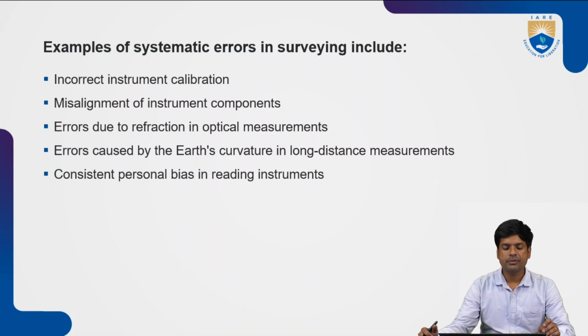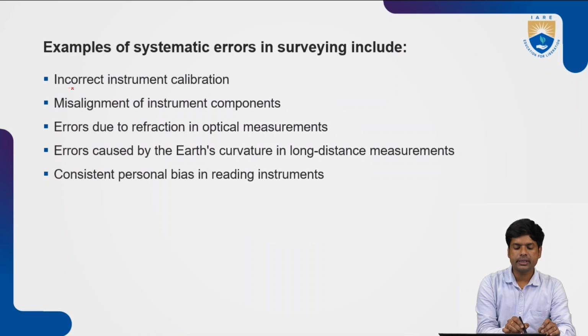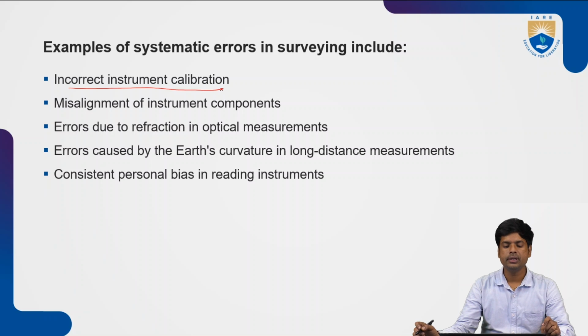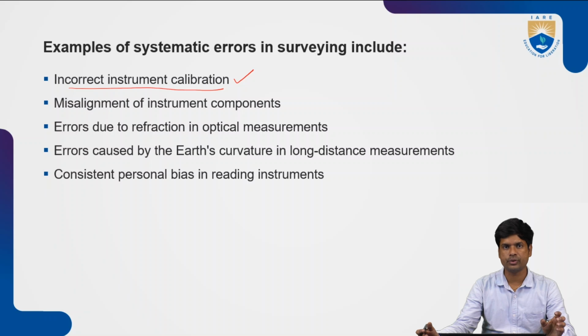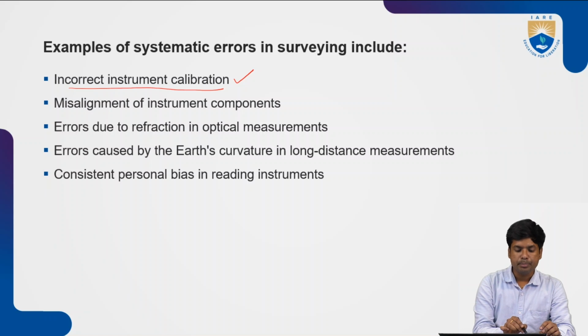Next, examples of systematic errors in surveying. Incorrect instrument calibration is one of the errors which we can observe regularly in the survey. Misalignment of instrument components.